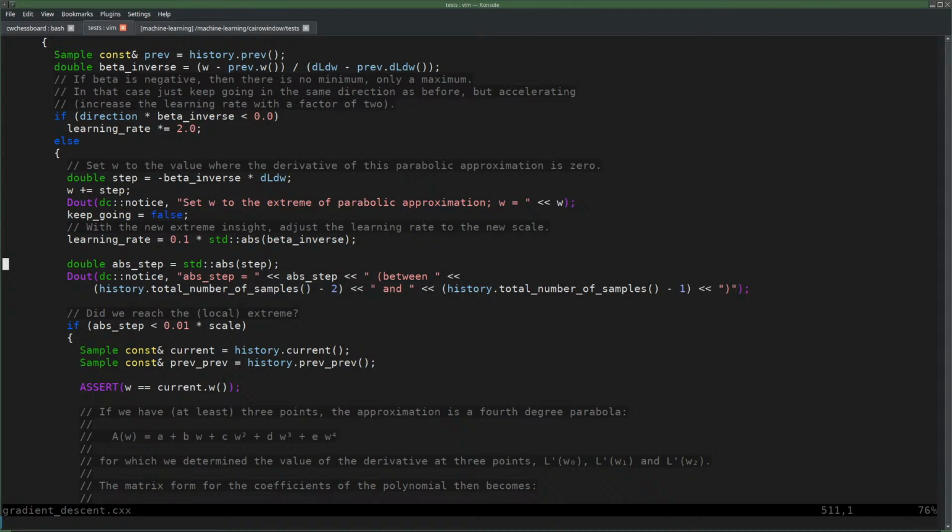But I guess that kind of means that there was a bug already then. That I did not add that last point to the history. I mean, this point was never added to the history.